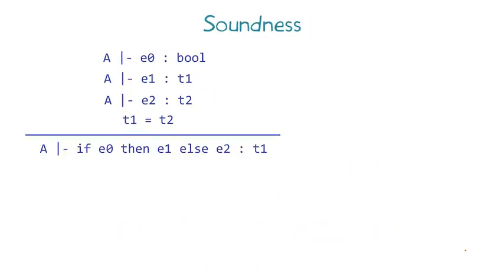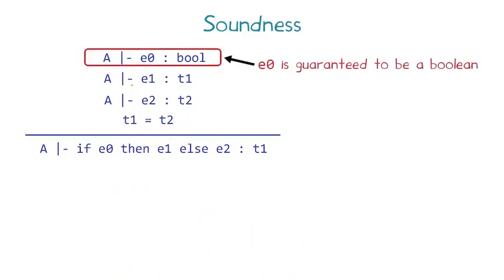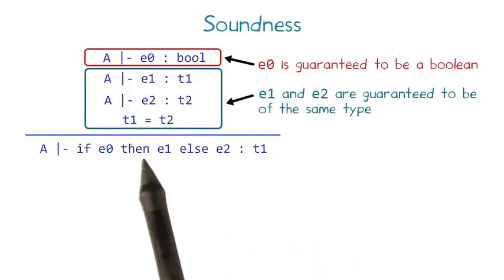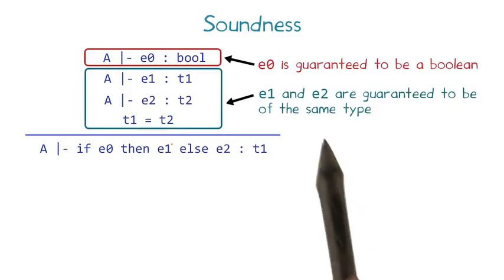If we can successfully type the if-then-else statement, then the first hypothesis in the rule guarantees that E0 will be a Boolean, while the remaining hypotheses and the side condition guarantee that E1 and E2 will be of the same type. These sorts of guarantees are characteristic of sound type systems.